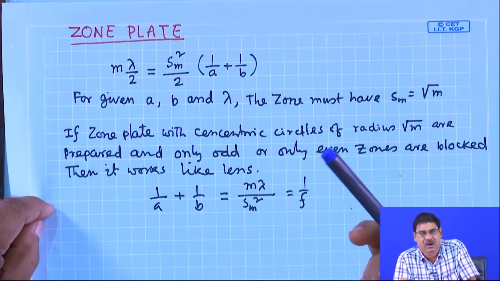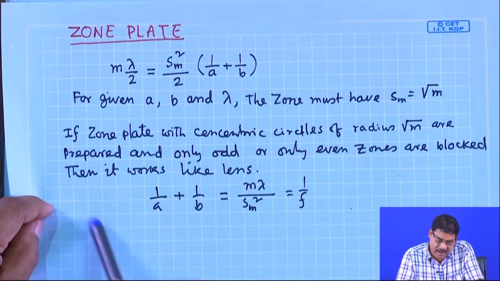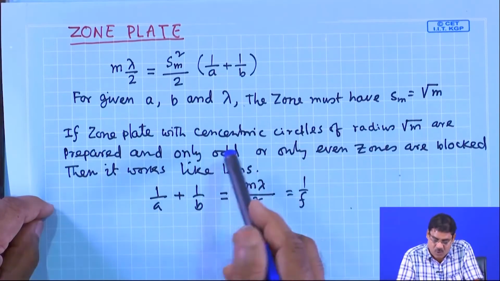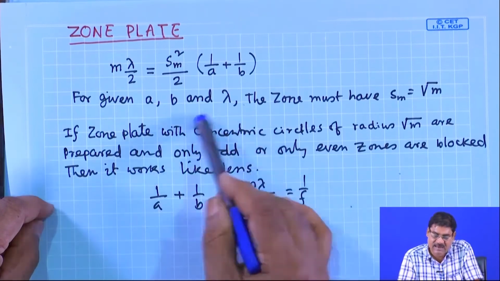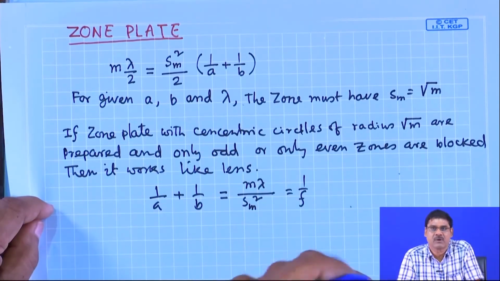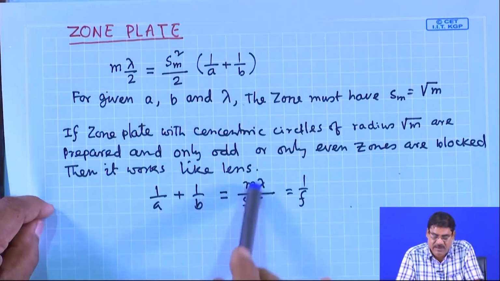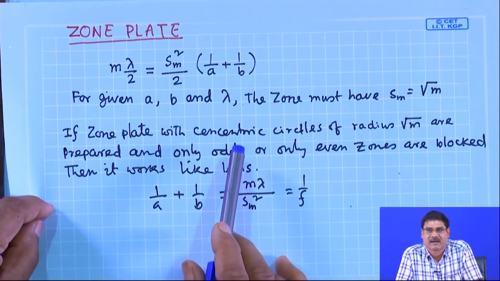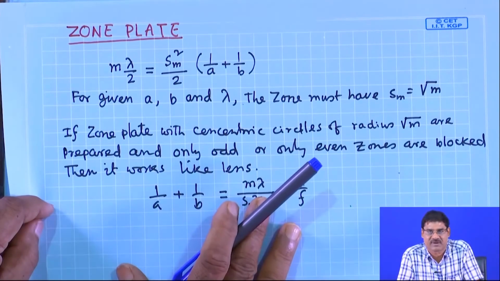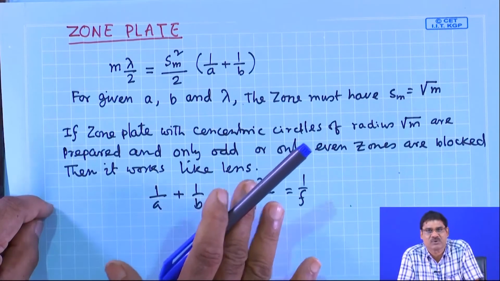If you take these radii and, on a plane sheet of paper, draw concentric circles with radii 1, root 2, root 3, root 4, then you are constructing the zone plate, the Fresnel's half period zones.